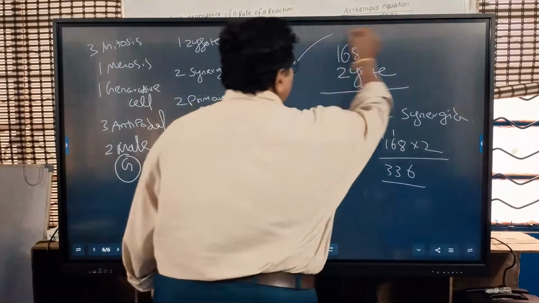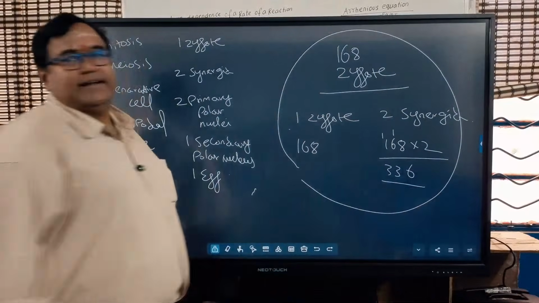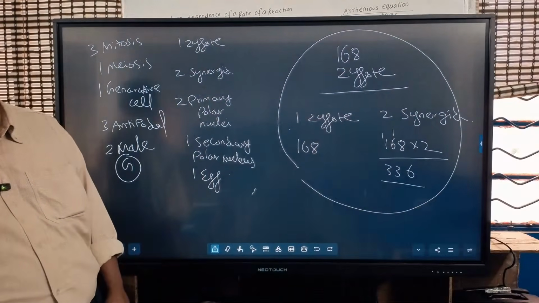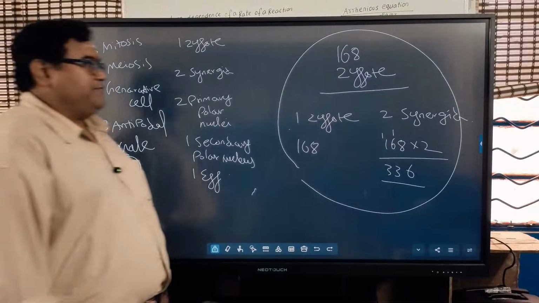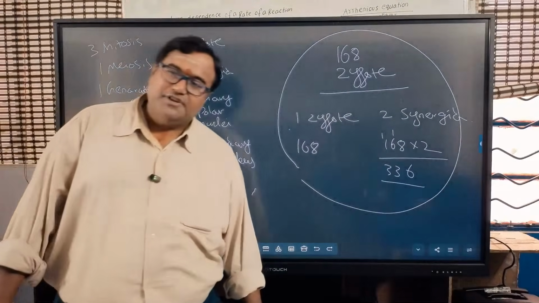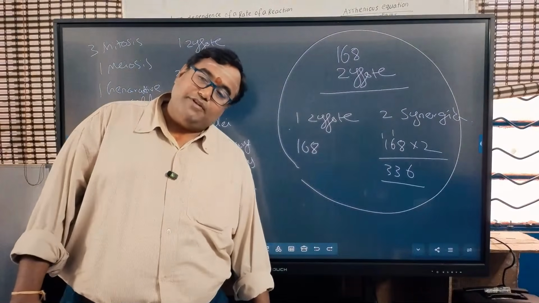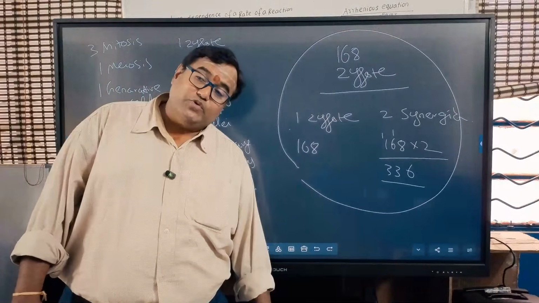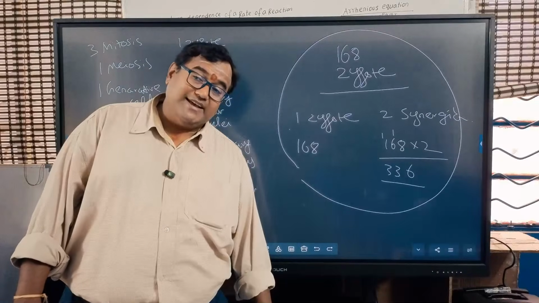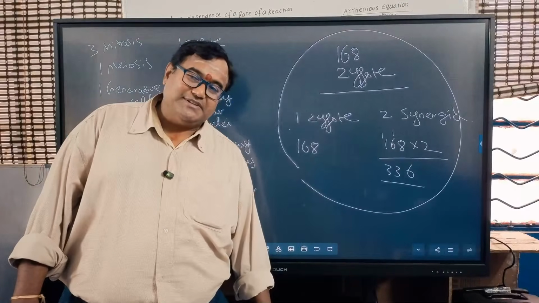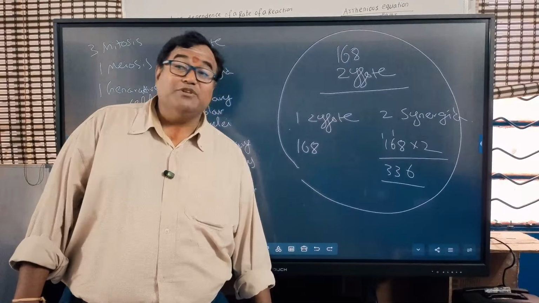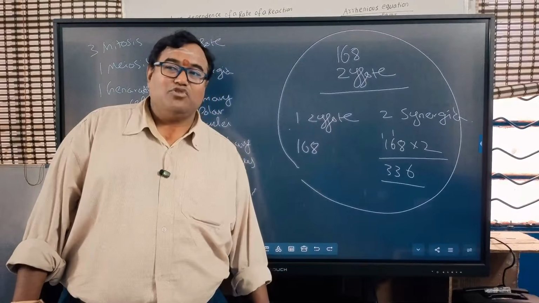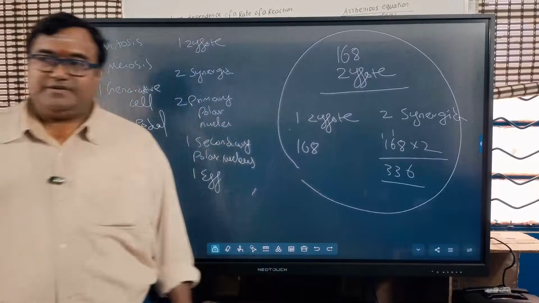Like this, you can calculate for all the information, not only for synergids, not only for zygote, not only for primary polar nuclei, not only for secondary polar nuclei, not only antipodals, not only egg, not only generative cell, and we can say how many double fertilizations are required.